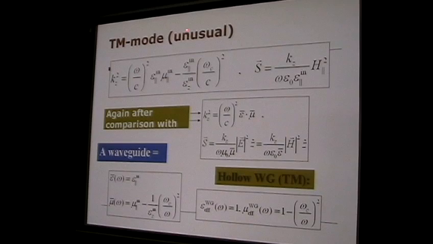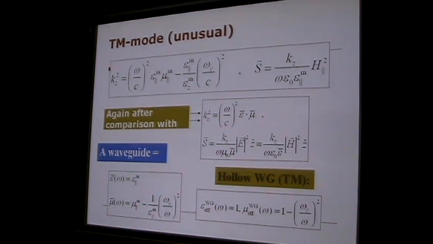However, you have to consider another polarization, the TM polarization. For the TM mode, if you do everything the same, you will find the conclusion is just opposite. Now the permittivity is a constant, and the magnetic permeability takes the approximate form.